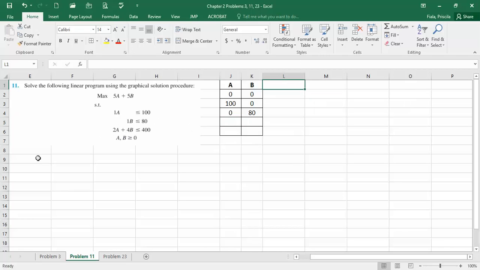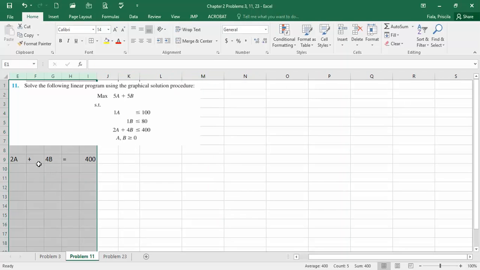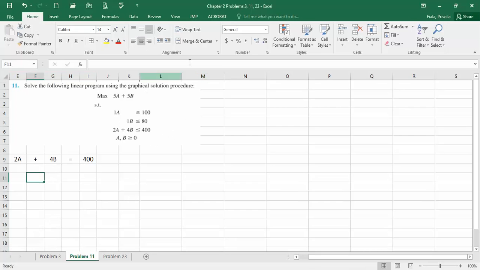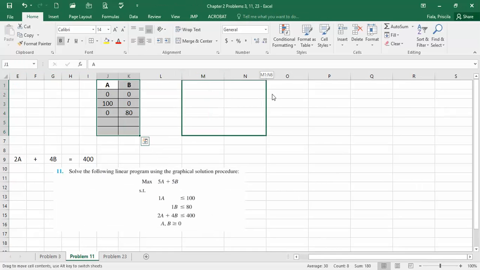So let's go ahead and I'll just put it over here. 2A plus 4B is equal to 400, I'm putting it in equation format. Let me make this smaller, we don't need it so big. Oh, now our little table disappeared, so let's move it over here.